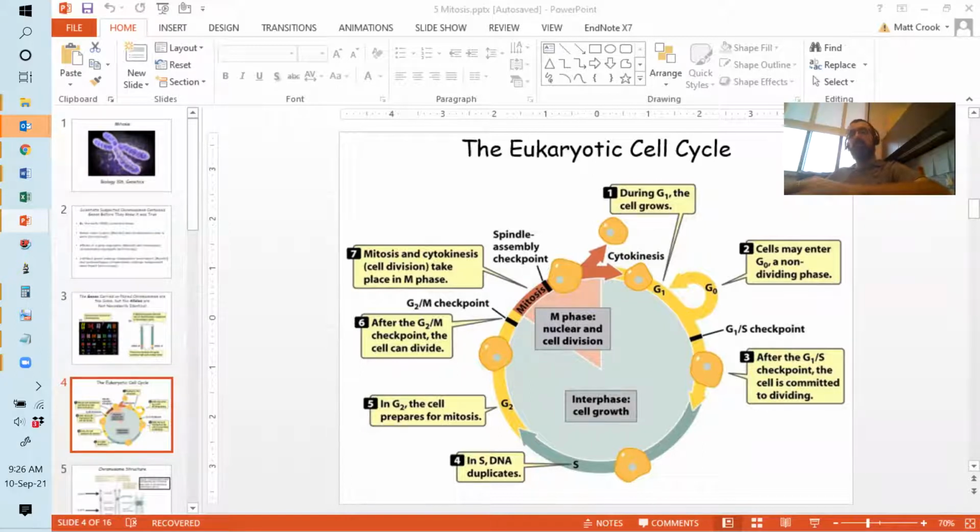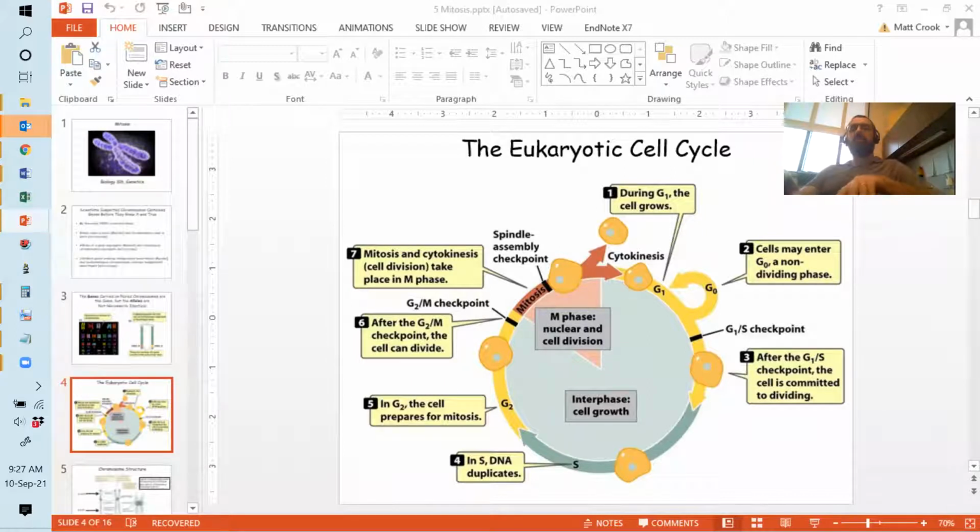And if it makes it through the G2 to M checkpoint, the two daughter cells will have that damaged DNA. So making sure that only fit, healthy cells make it through into cell division is a really important part of quality control.